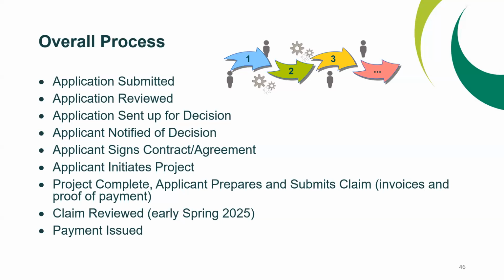Then your claim is reviewed, and just keep in mind that our fiscal year end is March 31st, 2025. So you will be paid prior to that date, March 31st, 2025, or shortly after.